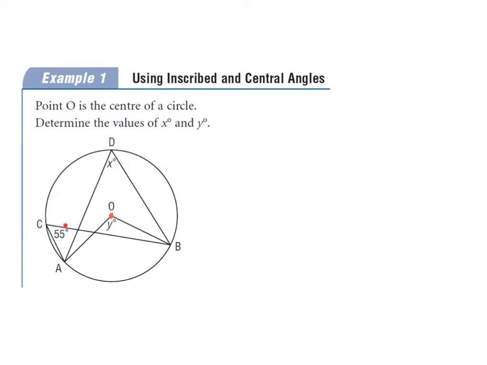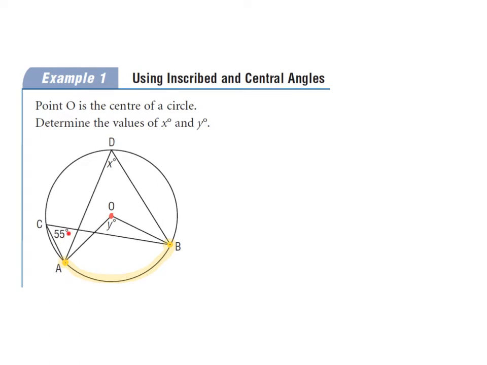They also gave us this angle over here. And one thing that sometimes your brain just takes some time to start seeing, this angle here, 55 degrees, is subtended by arc AB. So there's my minor arc AB. So I should probably be seeing if I can use that arc to solve the other problems.